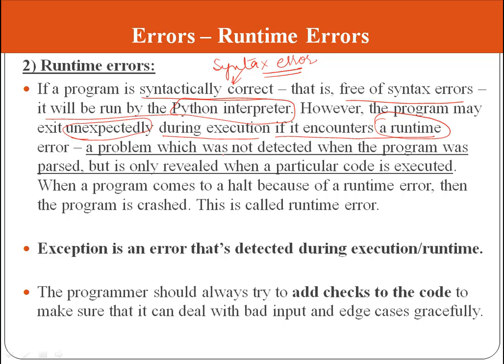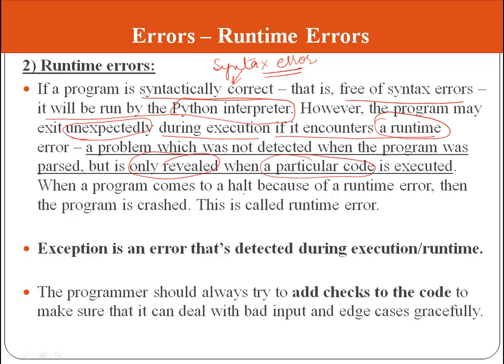So it is a problem which was not detected when the program was parsed because it was syntax free, but it is only revealed when a particular code is executed. Something is missing that you have not put into it, then it is caught during the running of the program.